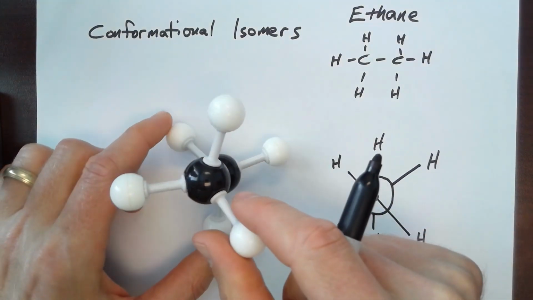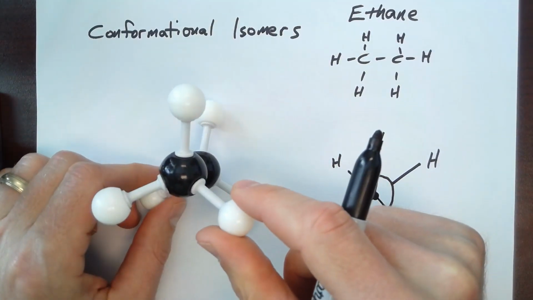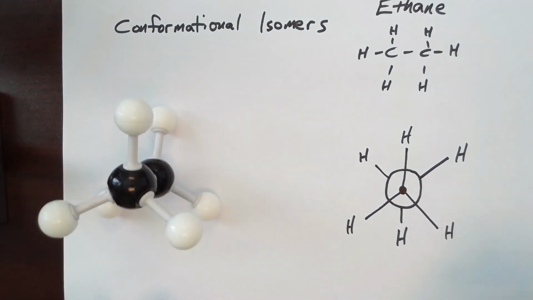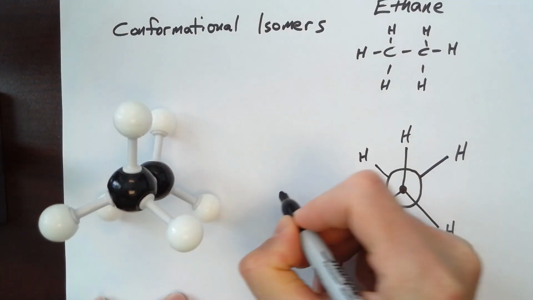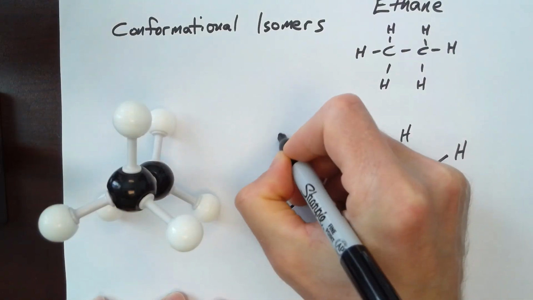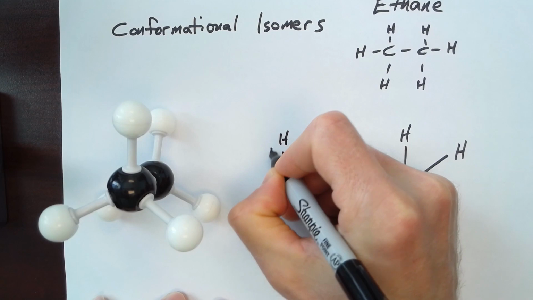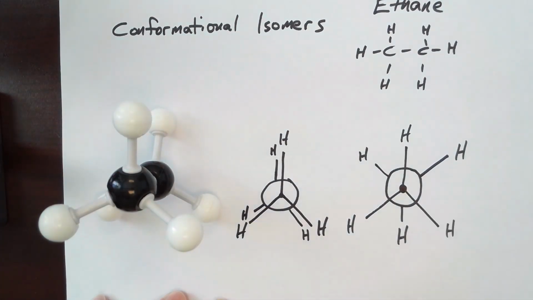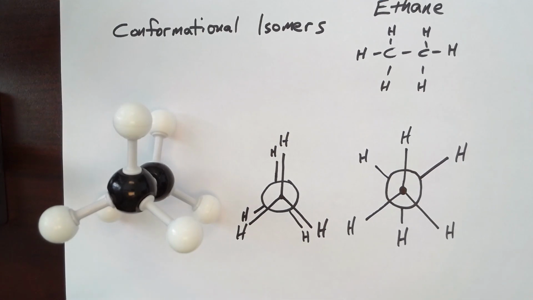Let's real quickly draw the Newman projection for eclipsed ethane. For eclipsed ethane, we draw the front carbon and the back carbon. And so we can draw the Newman projection for eclipsed ethane.